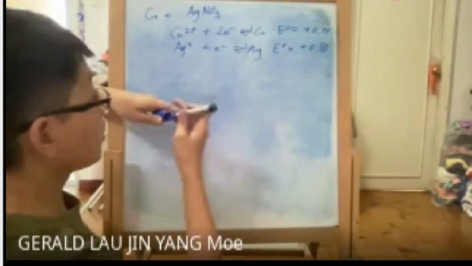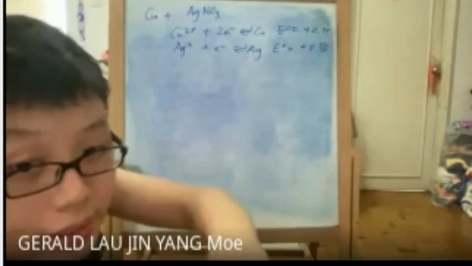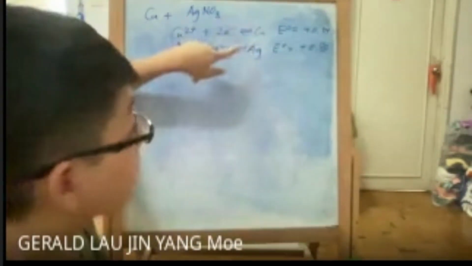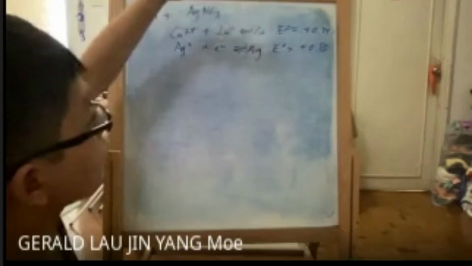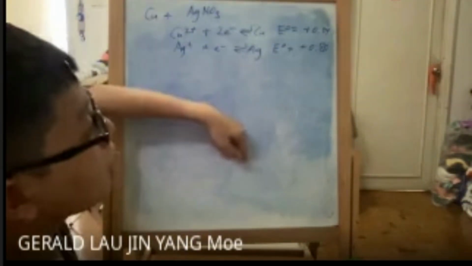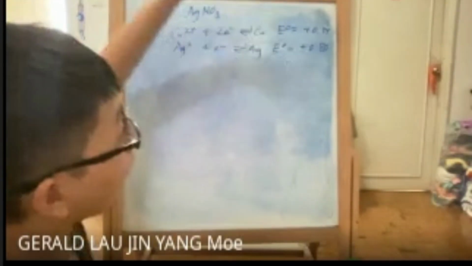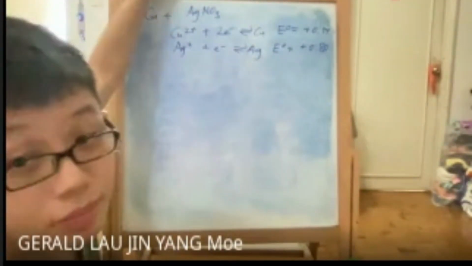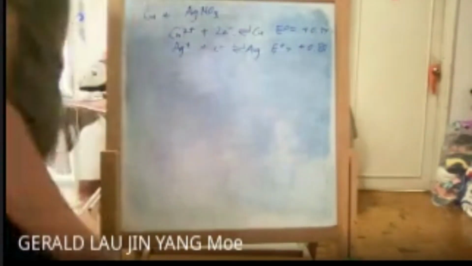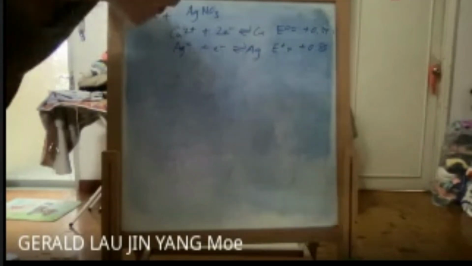Before I start, I want to ask, how is this arranged? Why is copper arranged above? Based on the E0 value. It's the one with the higher tendency to donate.